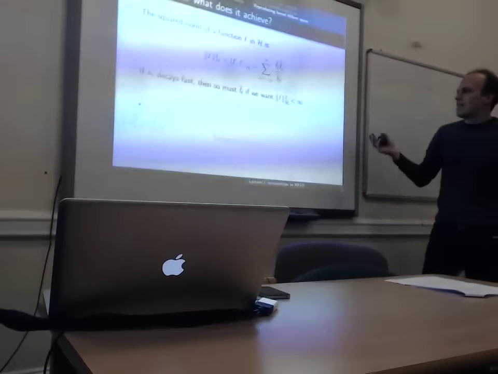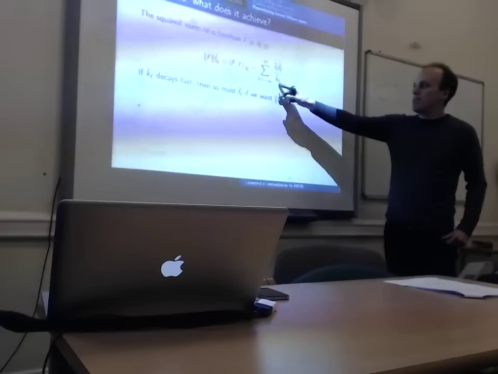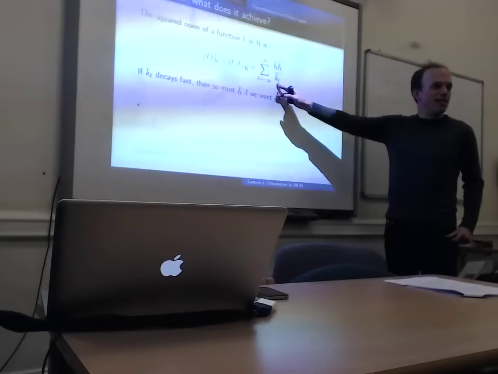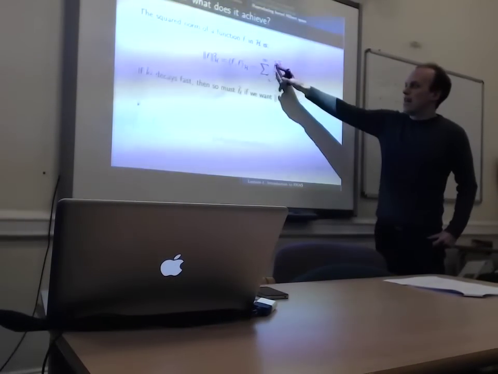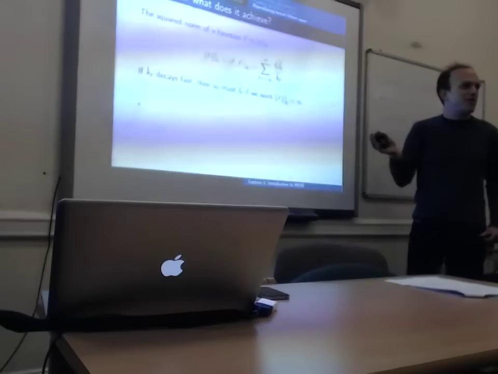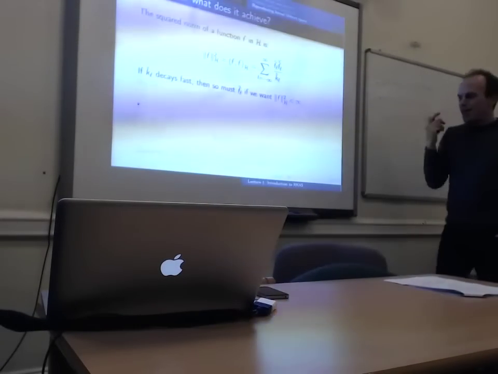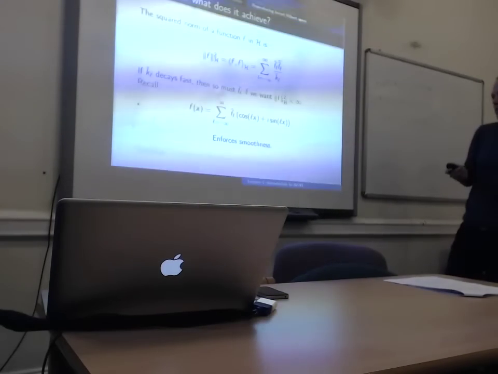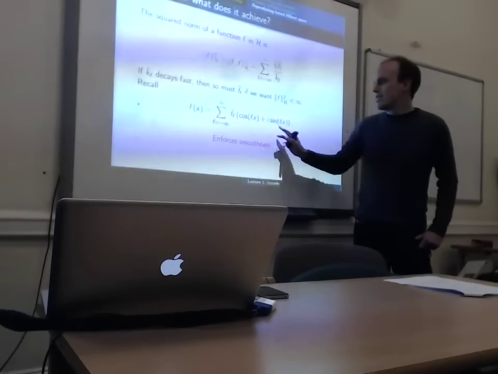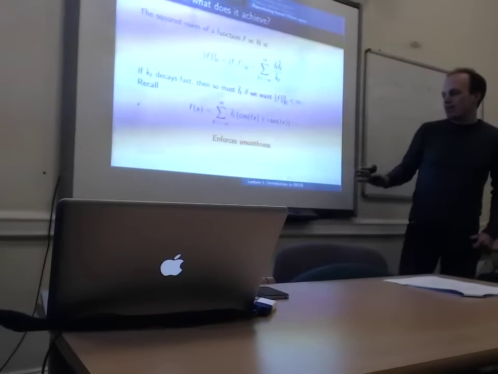And so this can be a very strong constraint, because if this is decaying very fast, then this has to also decay very fast for the function to be in the space. Okay, so yeah, bearing in mind that my function is a sum of these cosines and sines, okay?